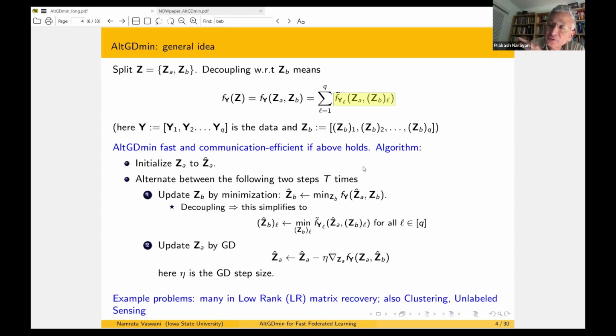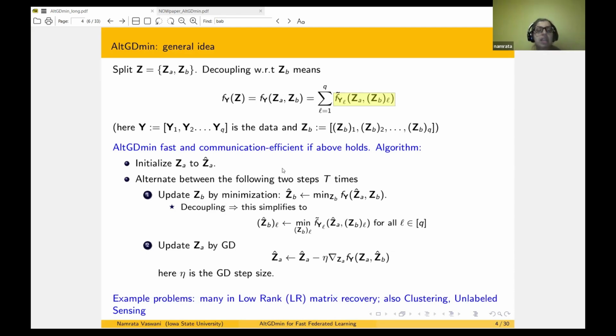Is the decoupling enough to do the job, or do you have to make any additional assumptions? The decoupling is enough to guarantee per iteration time and communication cost improvement. Now, of course, to prove that the algorithm really converges, you need to do more. There you need a lot more.